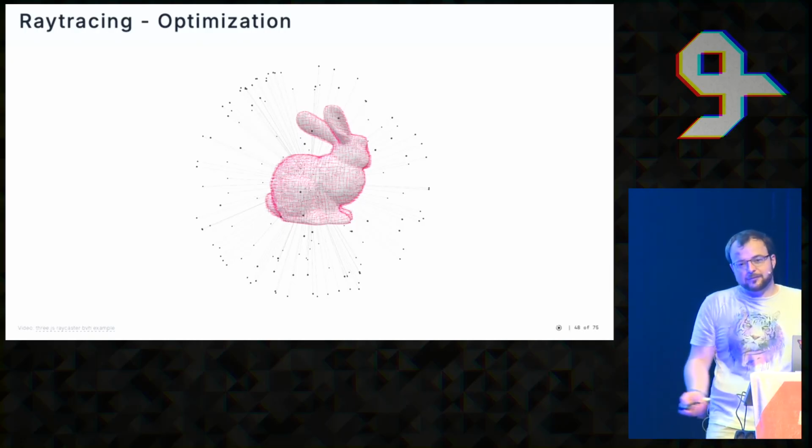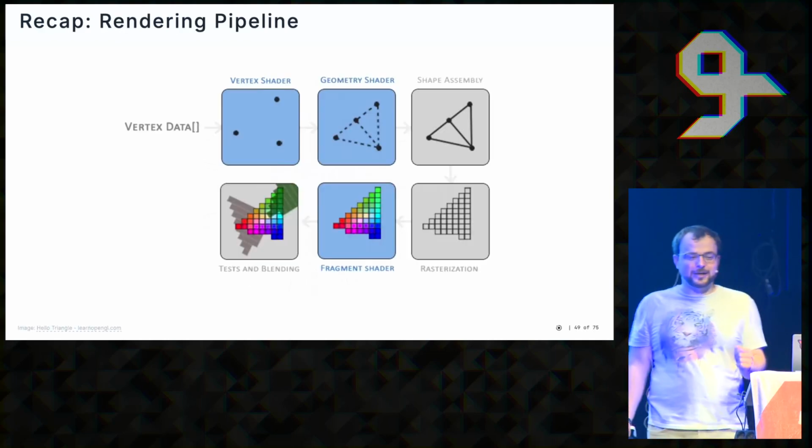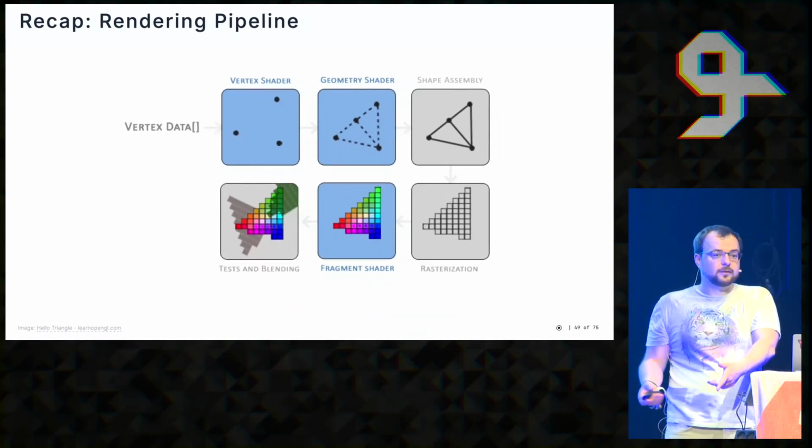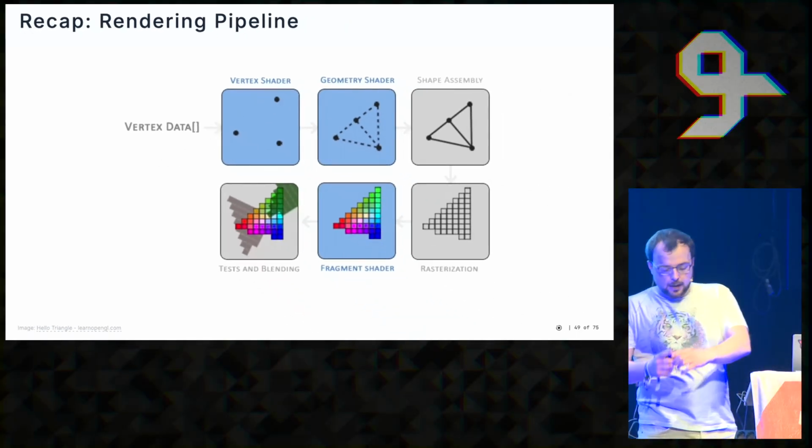So that's after this huge block of theory in the morning. To recap, the big part here is the rendering pipeline. You have your vertex data, which is the coordinates and also the texture coordinates, maybe some colors you also want in there, which gets processed by something called a vertex shader, which is a program you write and run on the GPU.